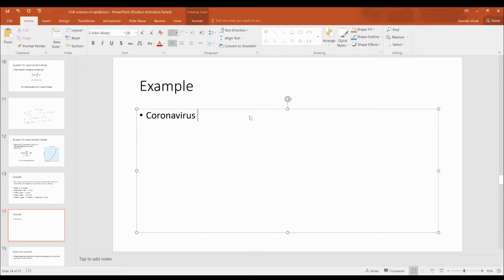Let's say this goes as e to the t, the number of cases, where t is like 1 week. Start off at 1 person.